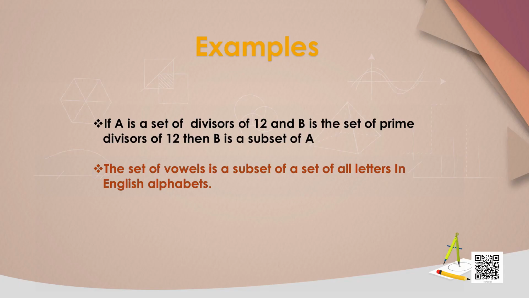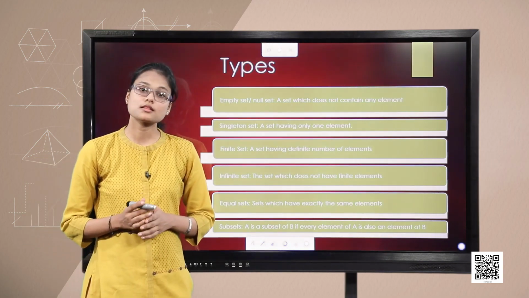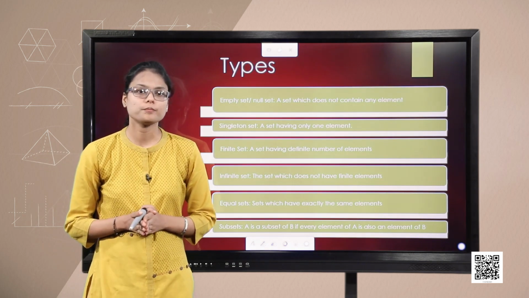Another example, we can see the set of vowels is a subset of the set of all letters in the English alphabet. Hope you have understood what a subset is. Students, there are various real life examples of subsets as well.